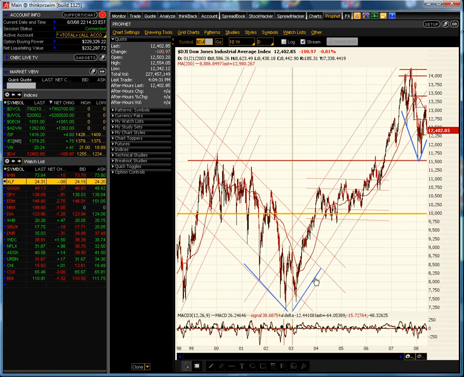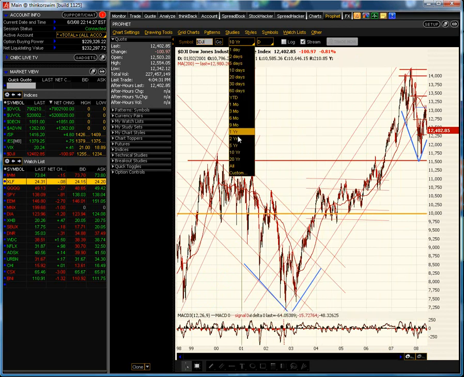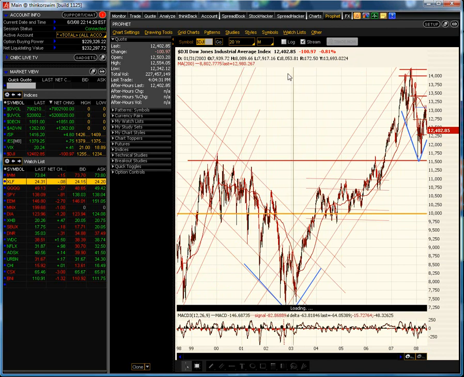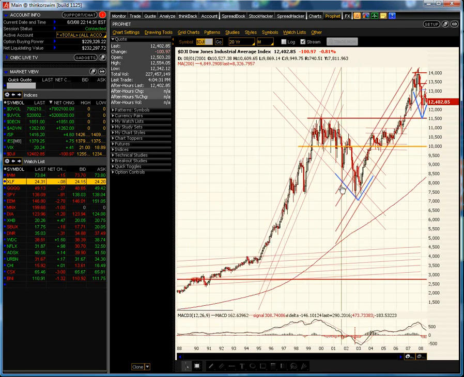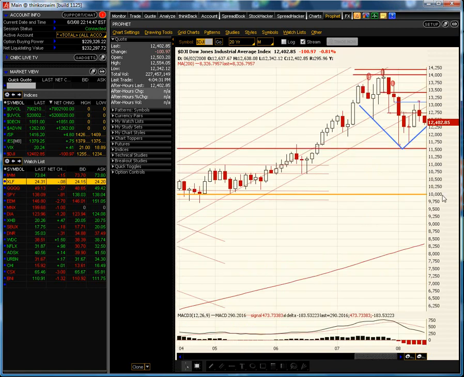The only thing that's really interesting is in a very long-term scenario, V-bottoms have become significant recently. I'm just going back to like 1999. There was a significant V-bottom here in which prices ran up dramatically. And I'm taking a look now at whether or not a V-bottom is forming here recently in the markets.